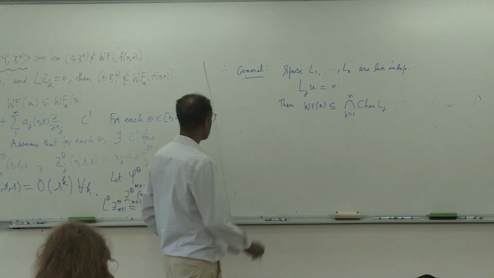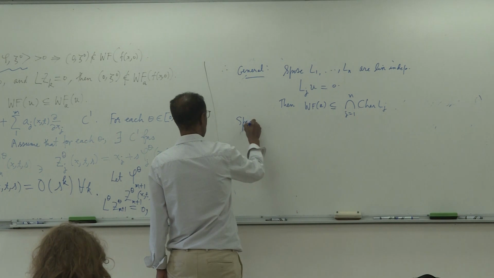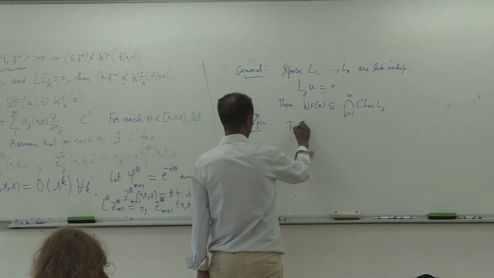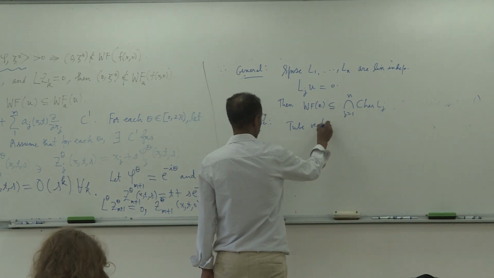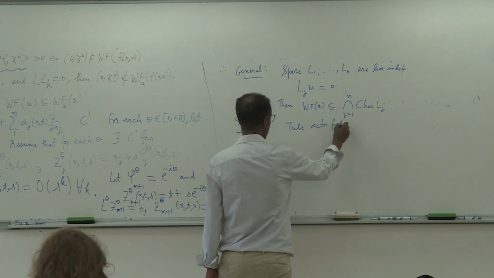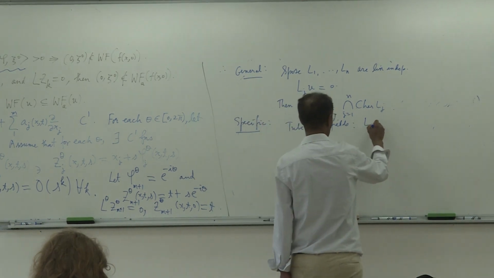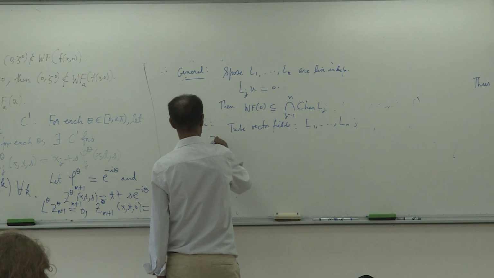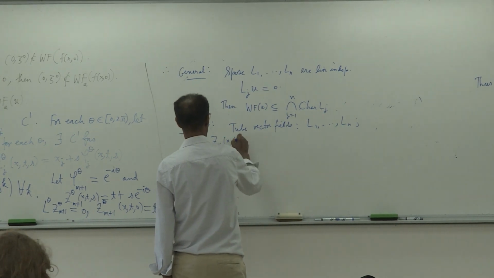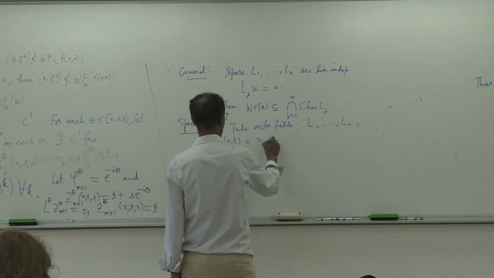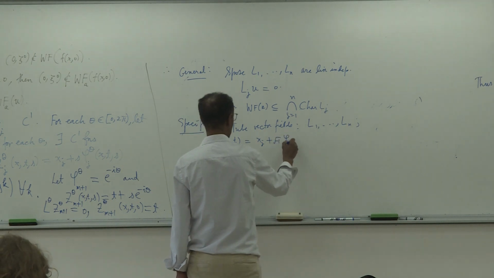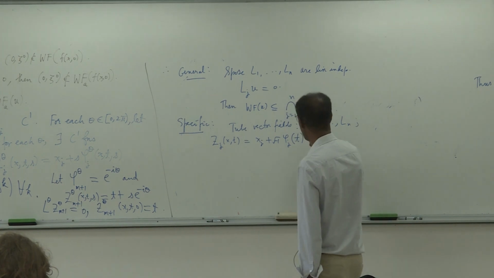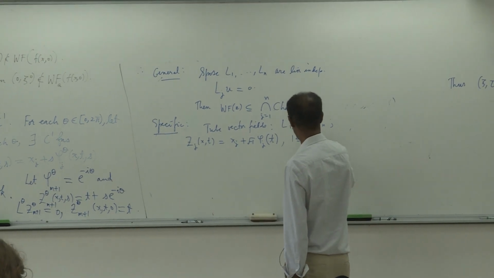Now, there is one specific case of vector fields called tube vector fields. So you have n vector fields, L1 up to Ln, and you have functions zj of (x,t) equals xj plus root minus 1 phi j that depend only on t. That's why they are called tube vector fields, for j from 1 up to m.